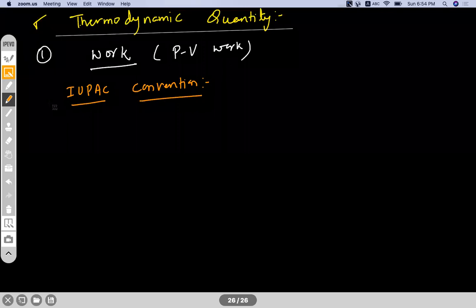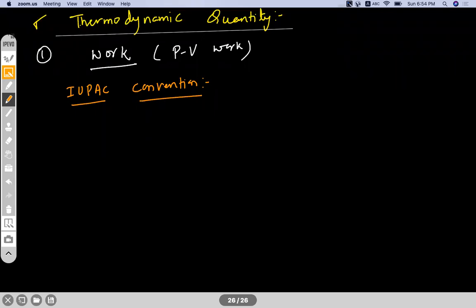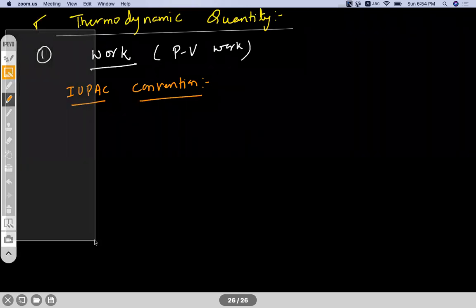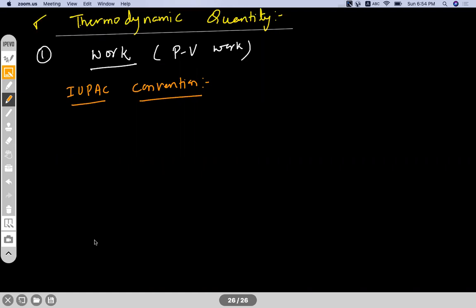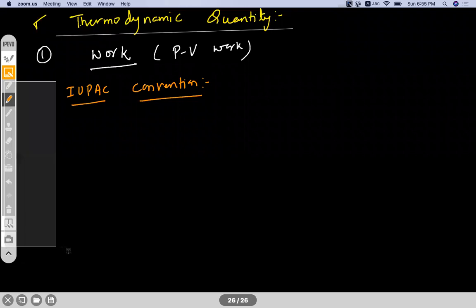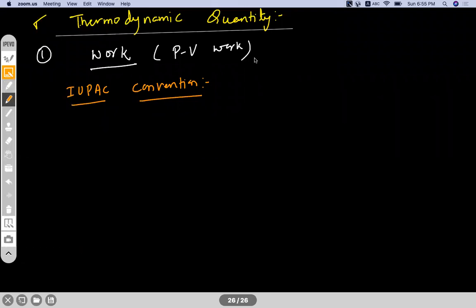Work done on the system is always positive.